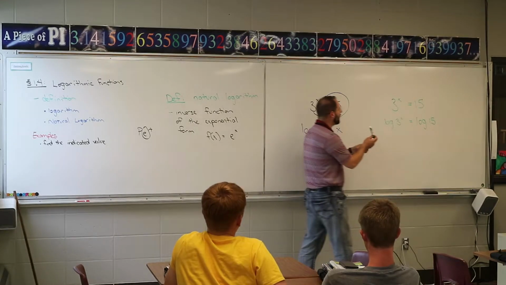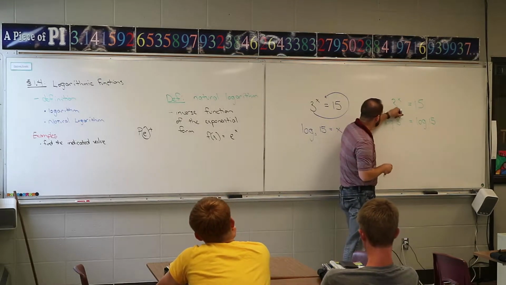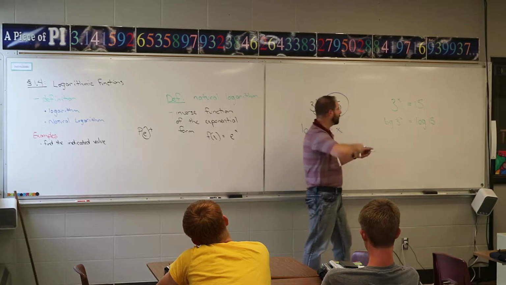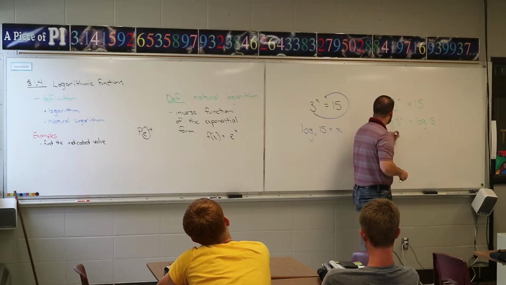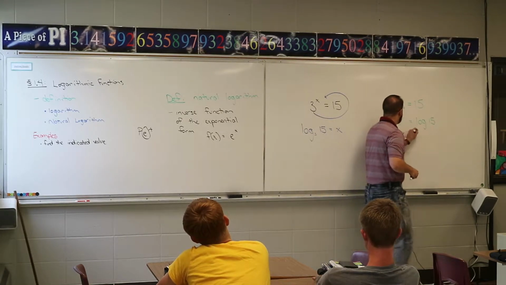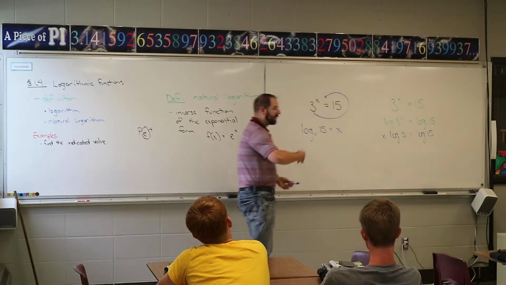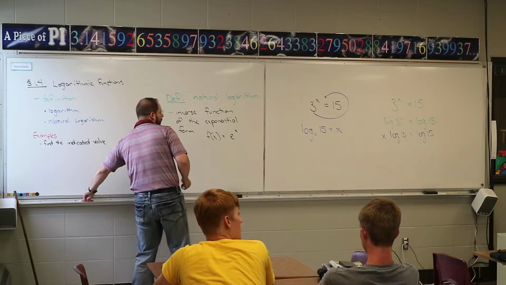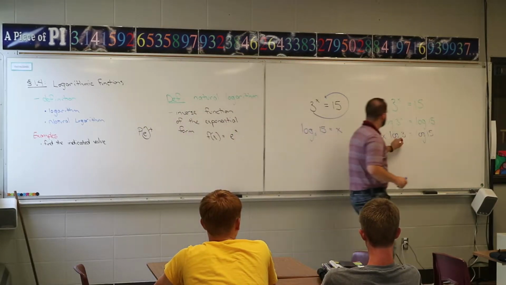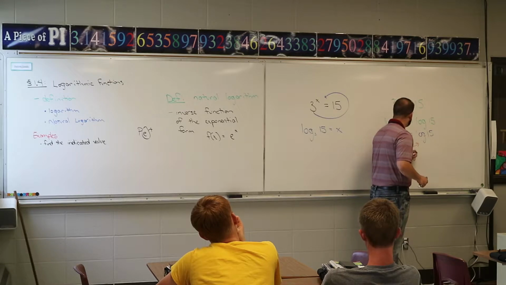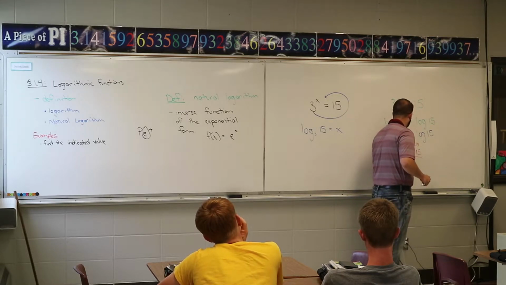You take the log of both sides, the power drops out front because that's a rule. That's actually a property of logarithms, that if you have a logarithm with a power, it drops out front. That's the power rule. And the last two steps here: get x on its own, so you divide the log 3 across. So x equals log of 15 over log of 3.